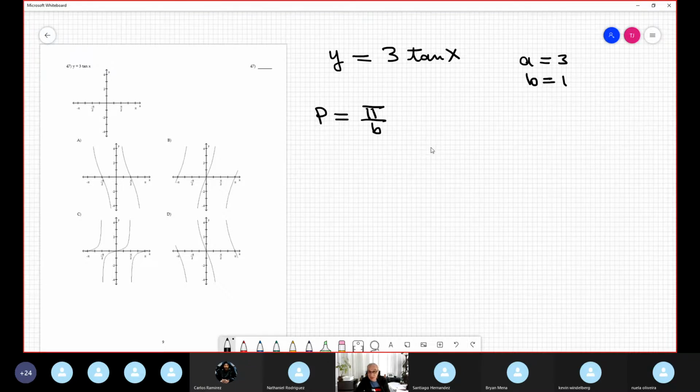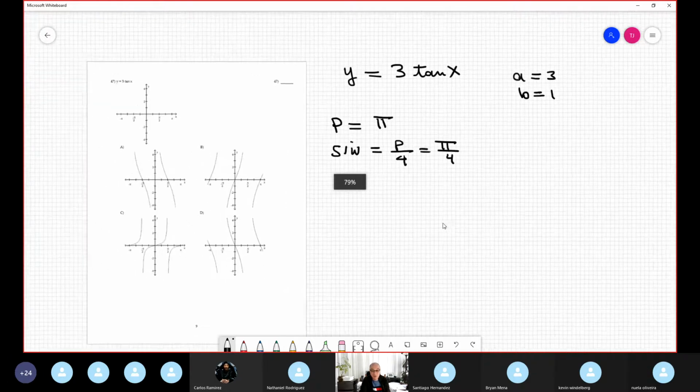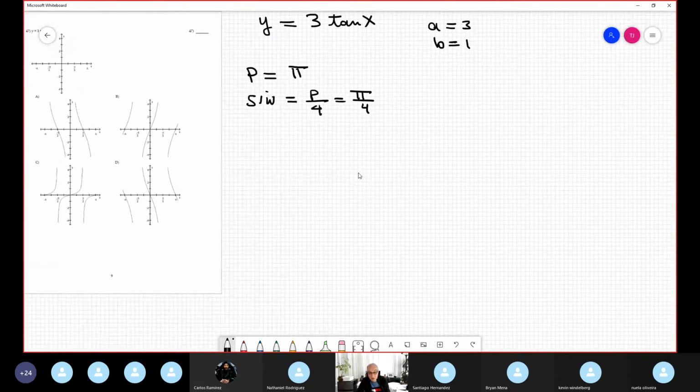In our specific example, b is 1, so the period is pi, just pi. And the subinterval width is period divided by 4, which is pi over 4. But the partition that we are doing is different. Let me show you.